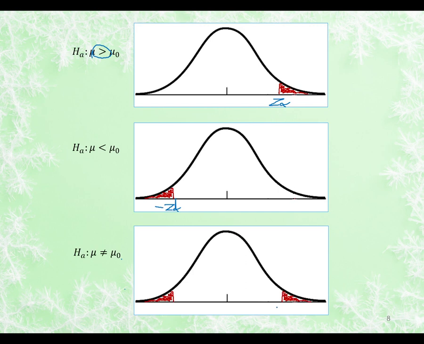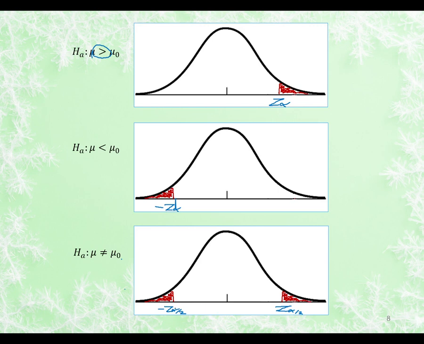And here we have Z alpha over 2, and on this side will be minus Z alpha over 2. So you can see that we still have alpha in each of the tail ends in the first two cases, and in this case, because it's a two-sided test, we need to split alpha into the two tail ends when we find our rejection region.